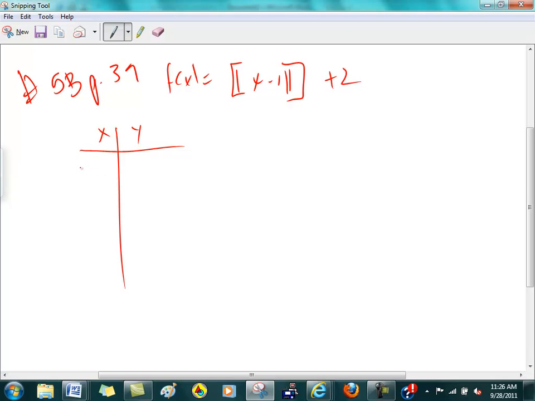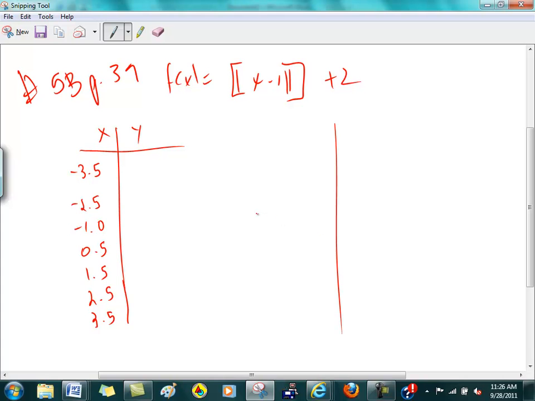So let's say you start at negative 3.5, negative 2.5, negative 1.5, okay? Then go to 0.5, 1.5, 2.5, and 3.5, okay? There's plenty of points in there to see what's going on.